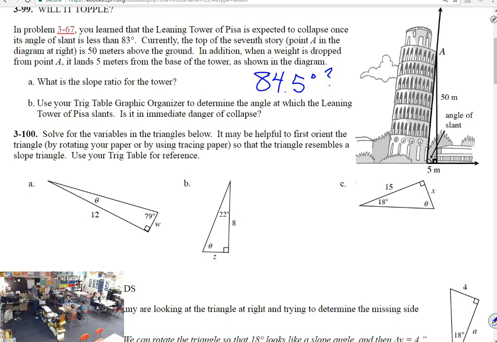Now, you're very, very close. 90? No, 90 would be standing up. The actual angle of lean is 84.3 degrees.